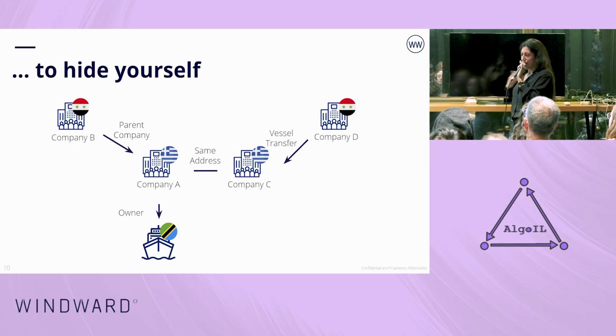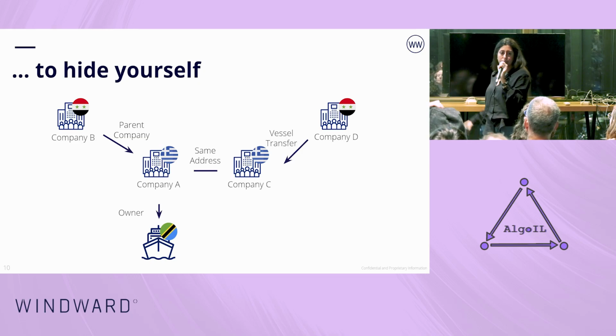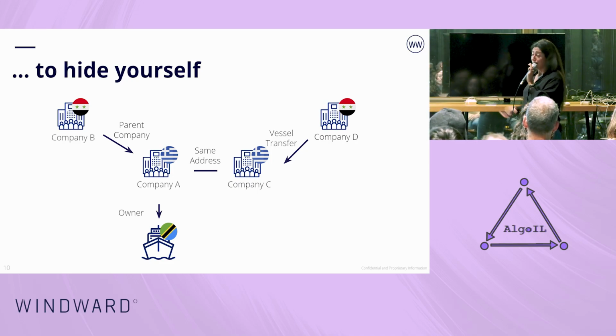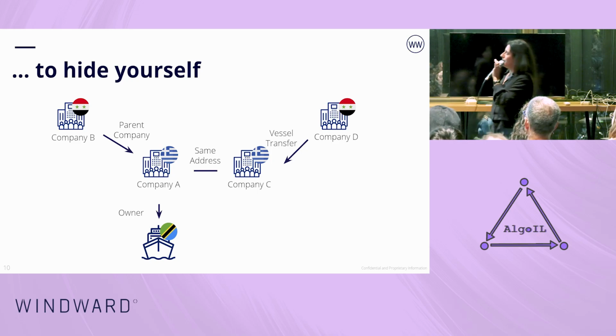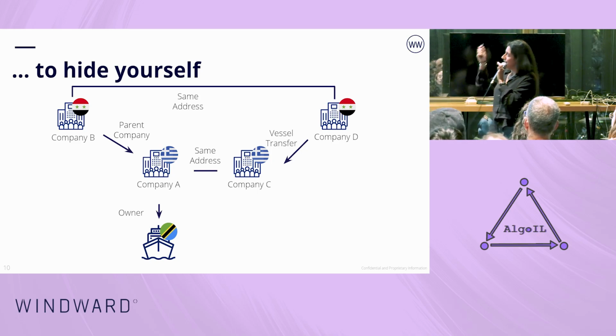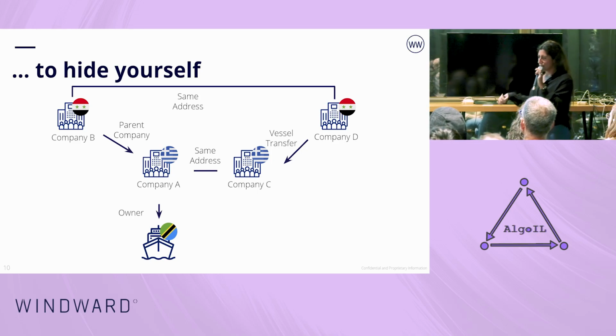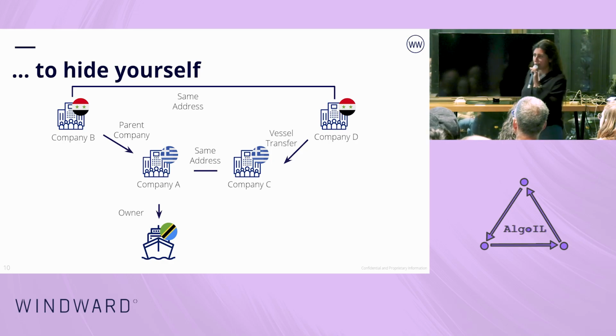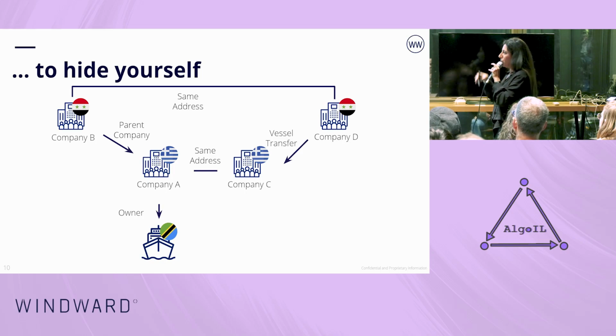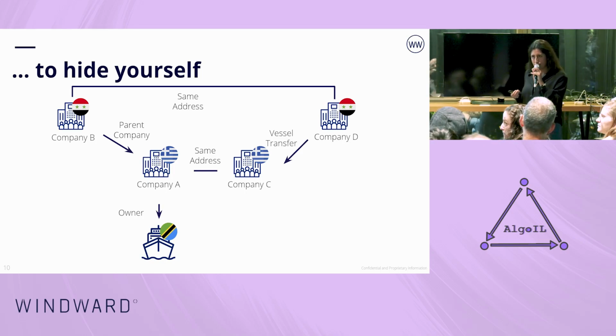Basically, it's like I built a fake company called Khano, and Khano is selling vessels to me. That's very weird for us, especially since this company is sharing its address with the initial company. So we see here how we can close the loop, how these weird networks enable them to hide themselves, and how it's necessary for us to use networks.